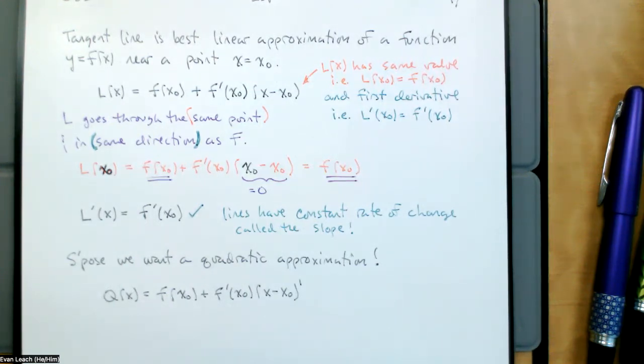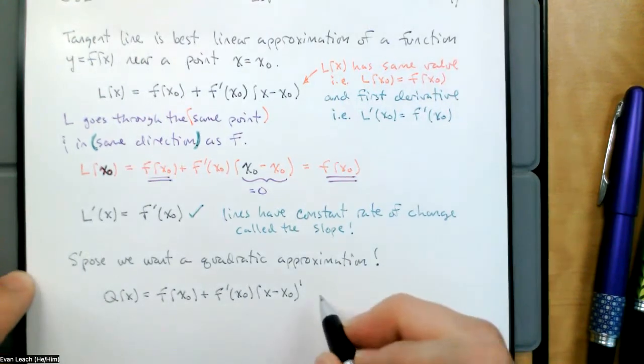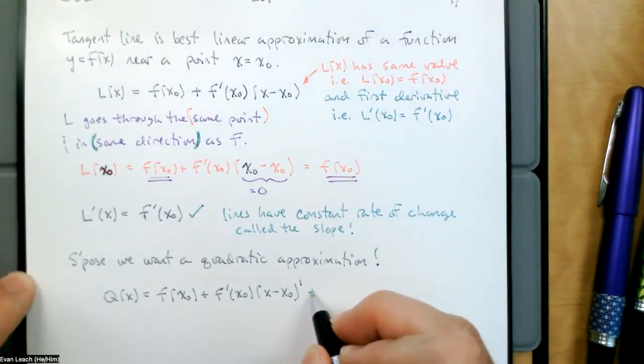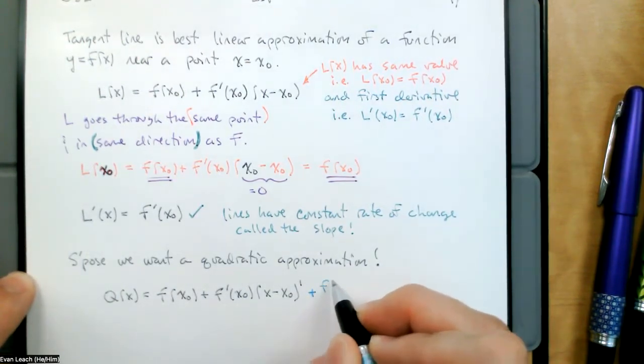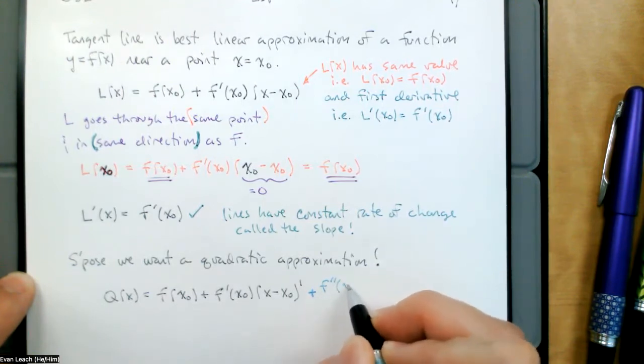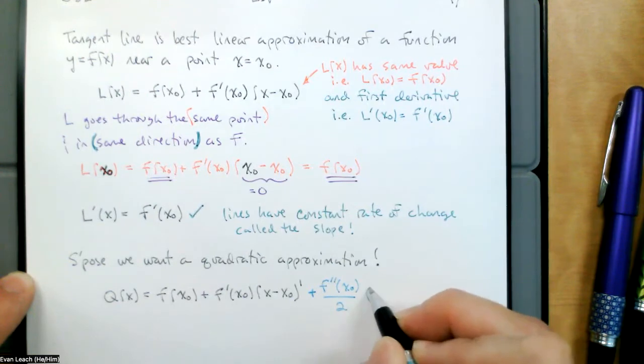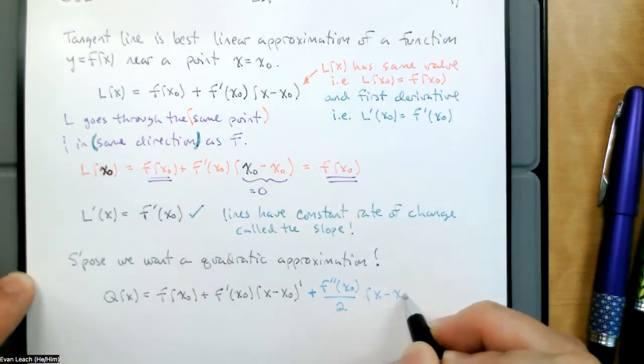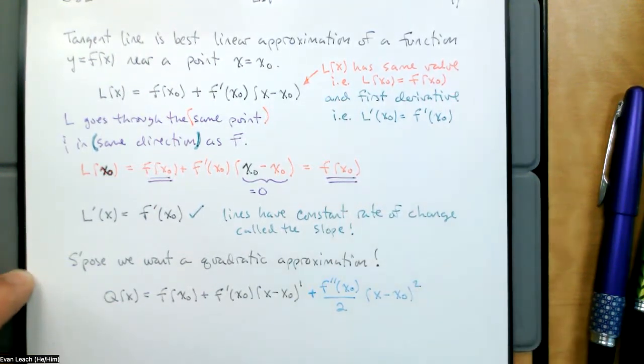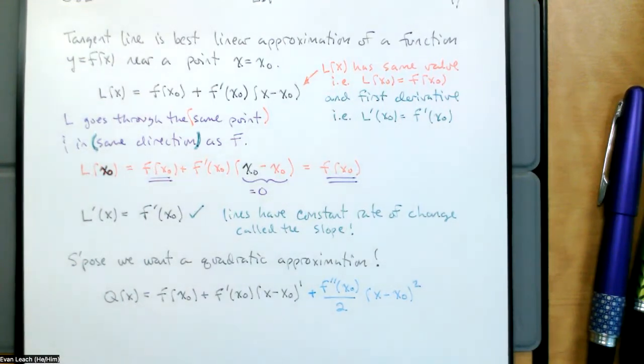Same point, same direction. What we want to add now is the second derivative, but we have to divide by 2 for reasons. But this is a quadratic that will agree in 0th derivative, first derivative, and second derivative.